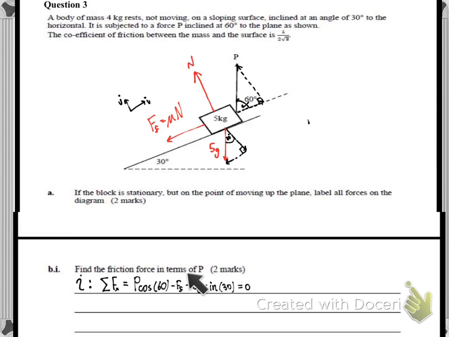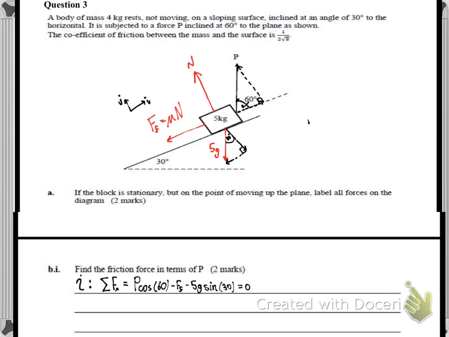We want the friction force as F, so label it as F subscript F, like so. And then the other force is the component of the weight, which is this one here, the sine component down the plane. So make sure it's negative 5g sine 30.